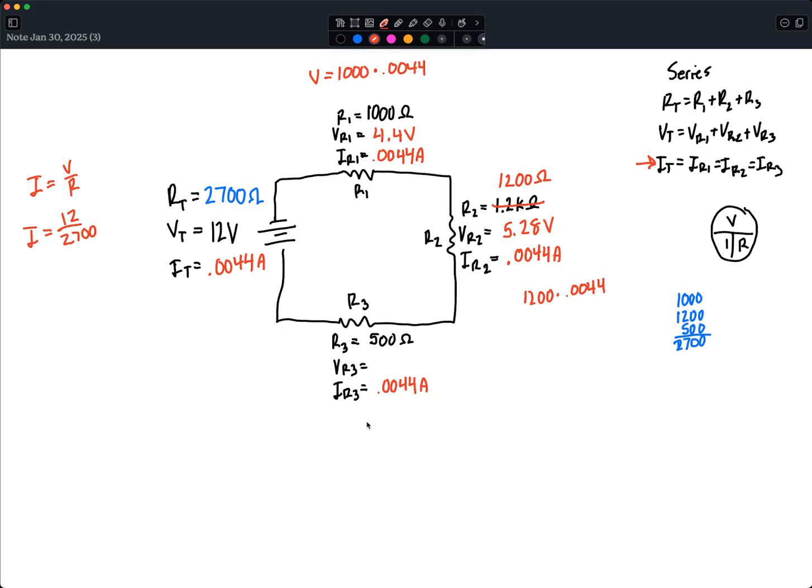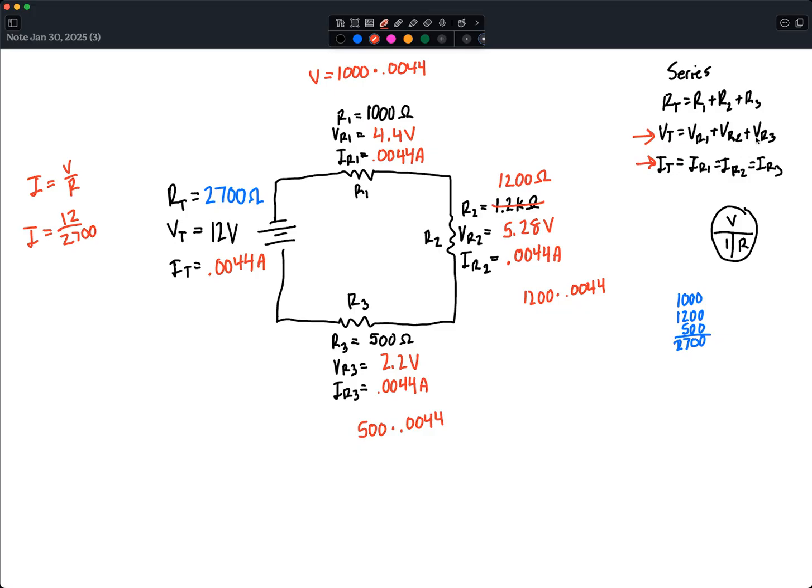And this one, 500 times 0.0044 gives 2.22 volts. And we can check to make sure everything is correct, because the voltages were the last things that we did.